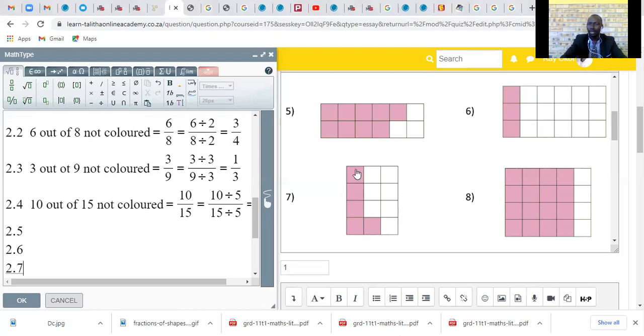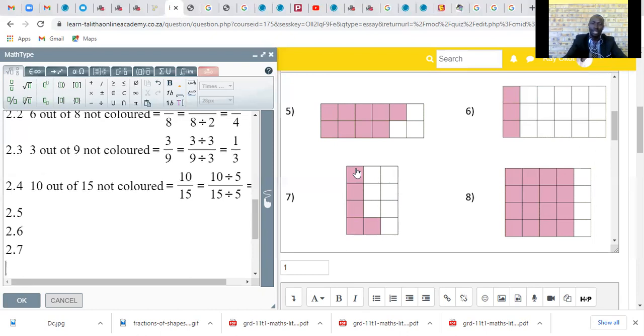Well, 7 out of 12. Let's count again. 1, 2, 3, 4, 5, 6, 7 squares out of 8, 9, 10, 11, 12. So we say 7 squares out of 12 squares are not colored. Notice that this cannot be reduced any further. And so you want to write that and move on to question 2.8.